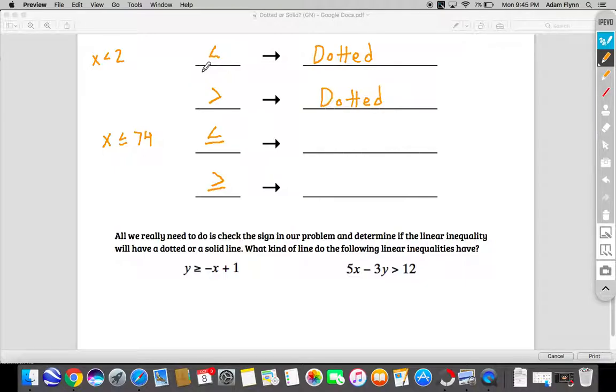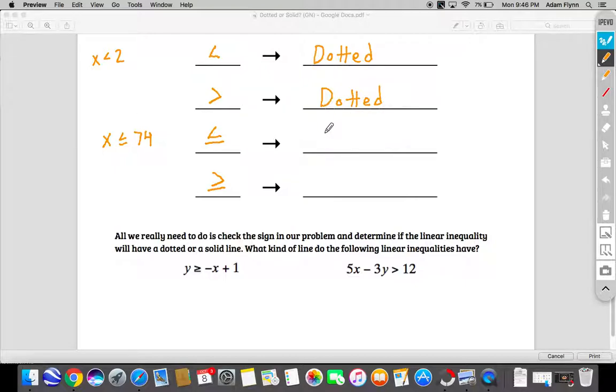If I were to plug in 74 here, it would read 74 is less than or equal to 74. So 74 is not less than 74, but we also have this line down here, which means or equal to. So we would have 74 is less than or equal to 74, in which case that would be true. So if we were to plug in 74, our solution would be included.